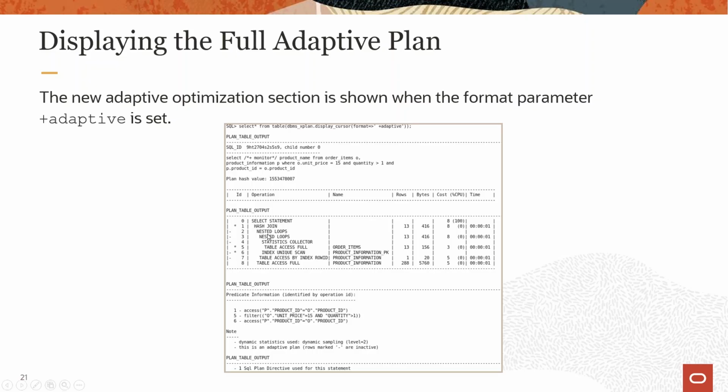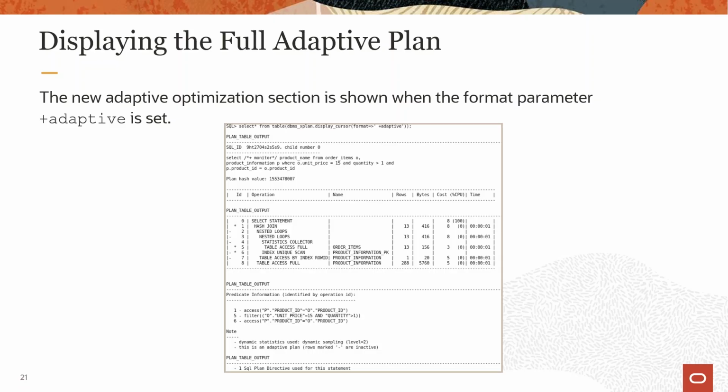What you're seeing is that the nested loop and statistics collector and so on are prefixed with a dash. This means that this was the initial plan that has been used, but it switched during execution to a hash join. So with the plus adaptive format parameter, you can display more information concerning this adaptive query optimization and if this took place.